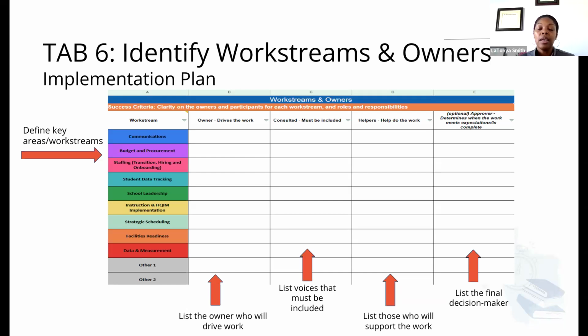Consulted is a column, but who does the owner need to consult with before a decision is made? Who's going to help the owner do the work to meet the deadlines? And then it's optional to have an approver who has to approve it before it moves any further. So that is optional. Next slide.